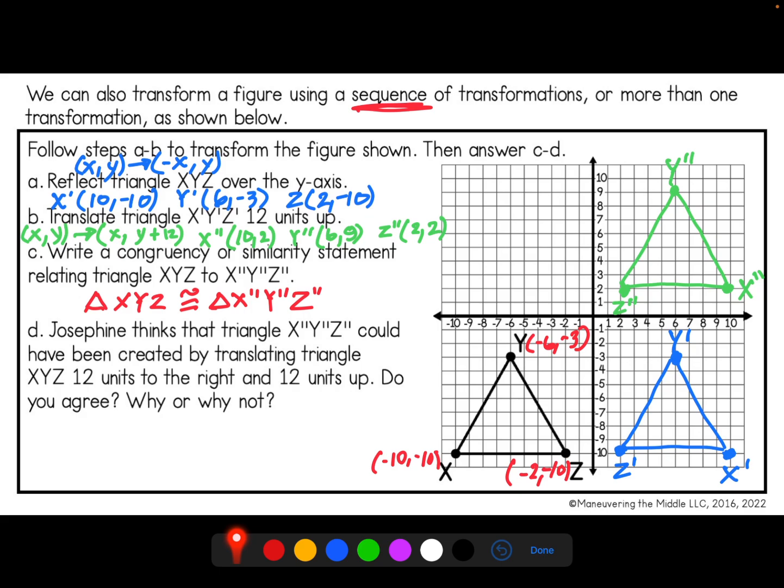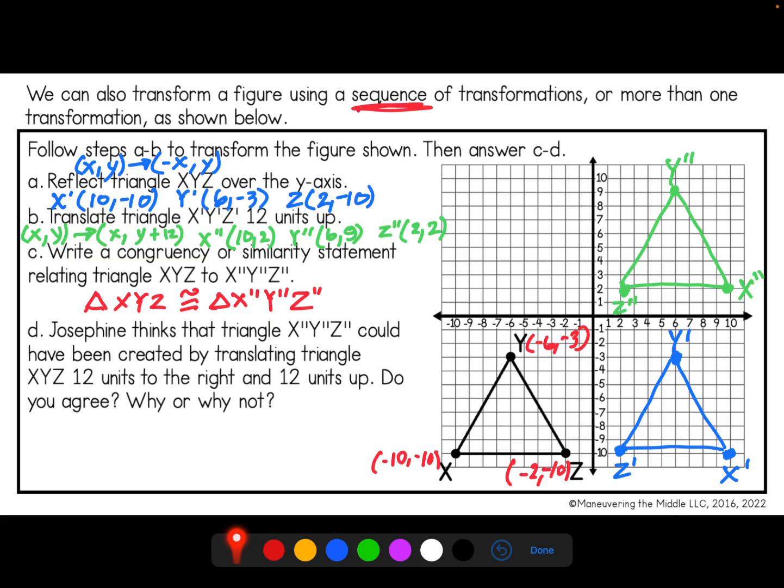She thinks that she can get triangle X double prime, Y double prime, Z double prime by translating the triangle 12 units to the right. So in other words, she'll take this triangle and translate it 12 units to the right, and then 12 units up. Again, she's translating twice, and translations are rigid transformations, so the triangles would indeed be congruent.